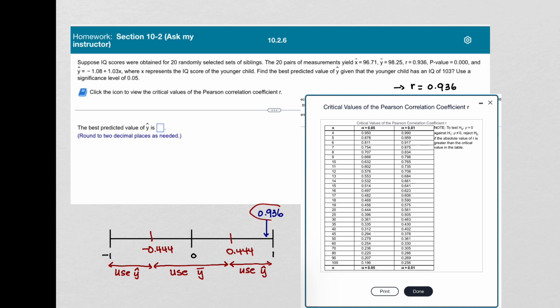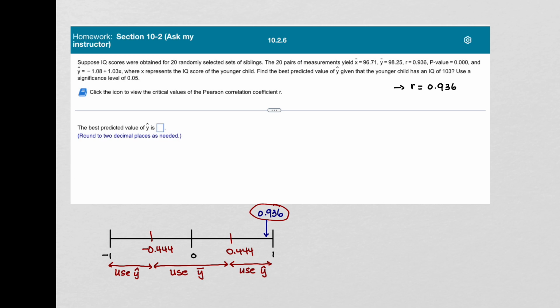And because our value is falling within that high section, close to +1, that indicates a positive linear relationship, and I want to use y hat. I'm going to use the equation. So, my equation is y hat equals -1.08 plus 1.03 times x, and our x value is 103.